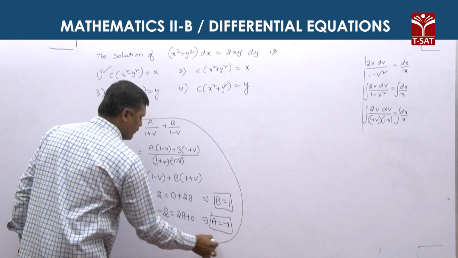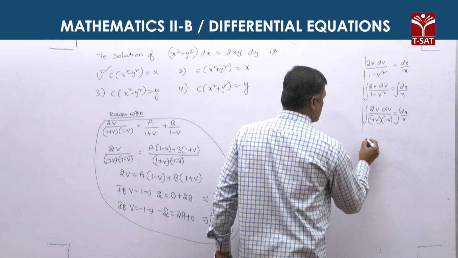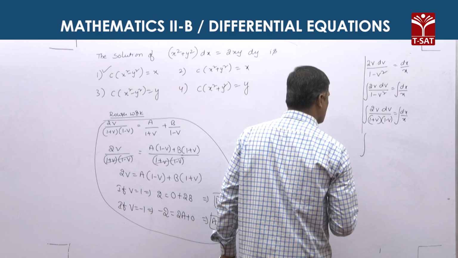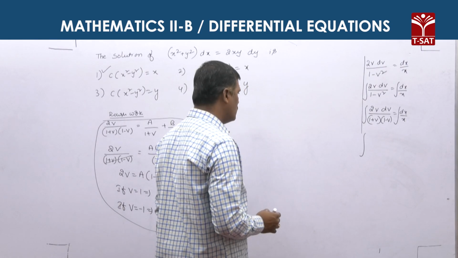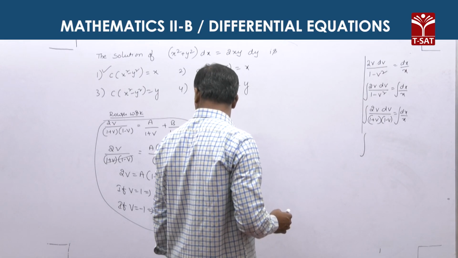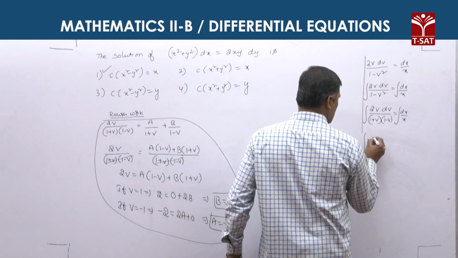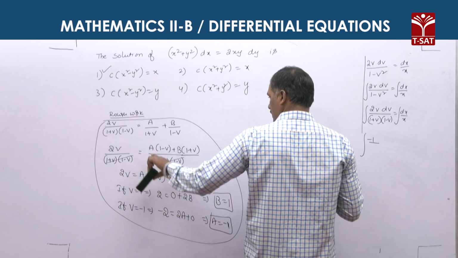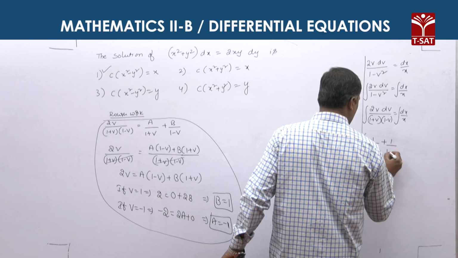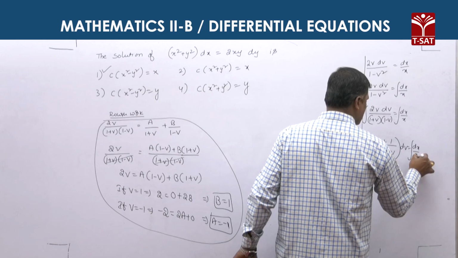This total part is only rough work for using partial fractions. That is equal to the integral of, this value, a value is minus 1 by 1 plus v, plus b value is 1 by 1 minus v, into dv is equal to integral of dx by x.